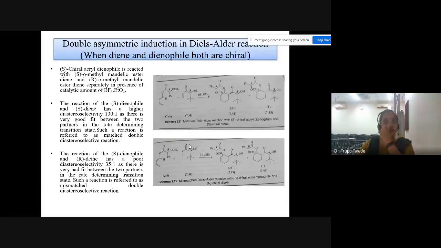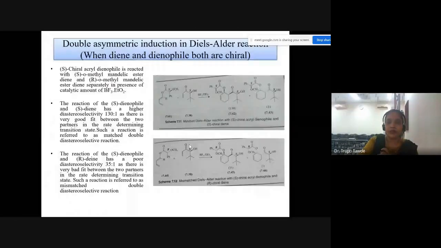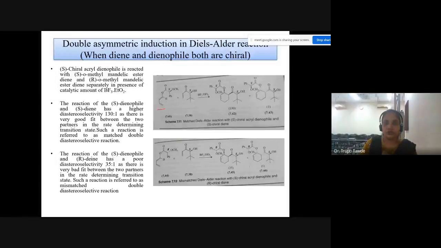Okay. Now till this part what we have studied is that we attached the auxiliary to either the diene or the dienophile. Now what we are doing is attaching the auxiliary to both. That means your diene as well as your dienophile is going to be chiral. Okay, look at this. This is my diene having this chiral auxiliary part.